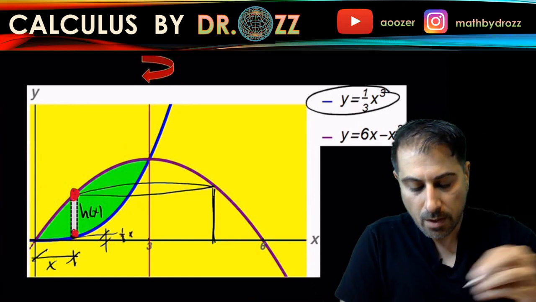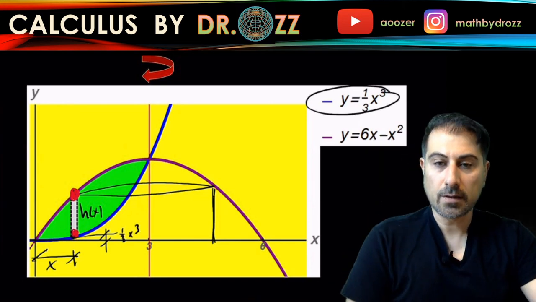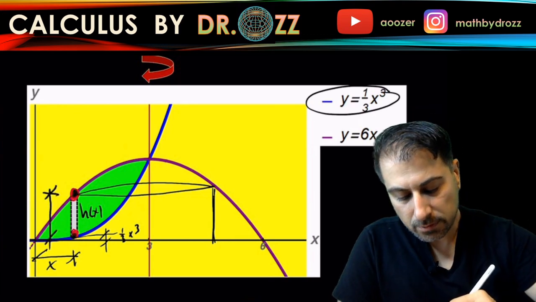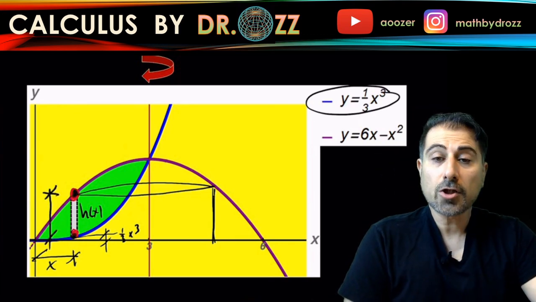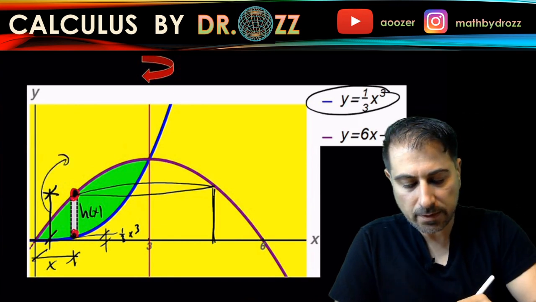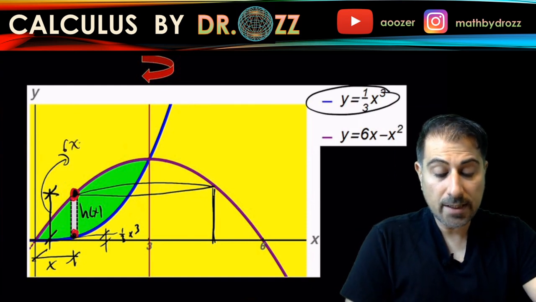And this distance here, let me just write here, is determined by the purple curve, which is 6x minus x squared. Okay, there we go, 6x minus x squared. And all I need is h.